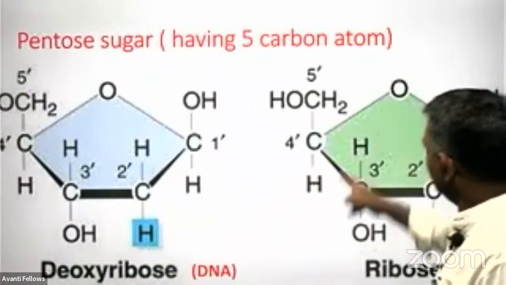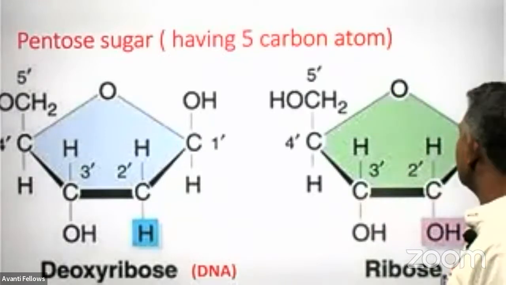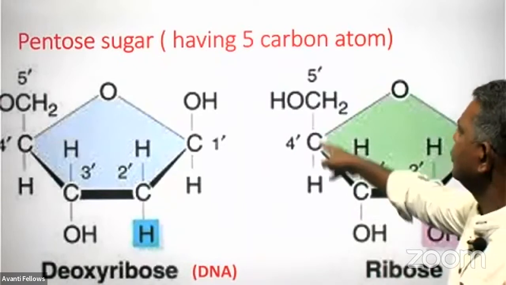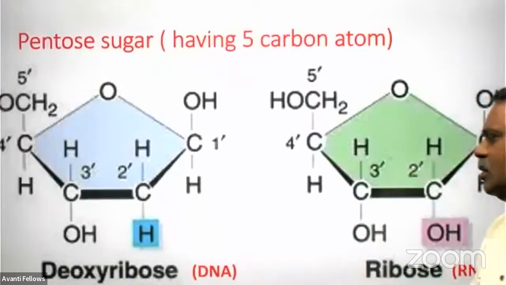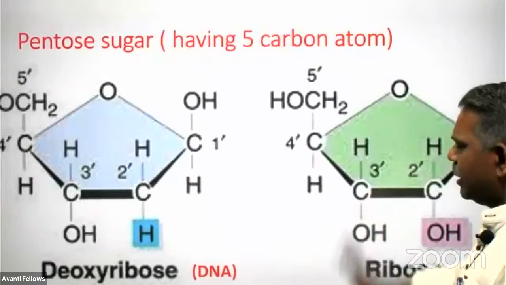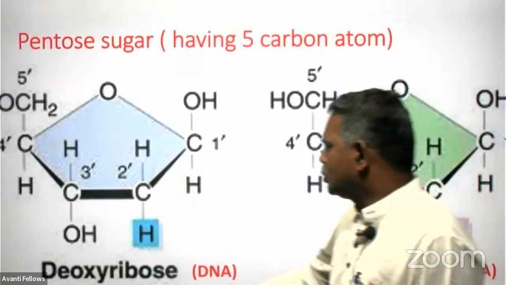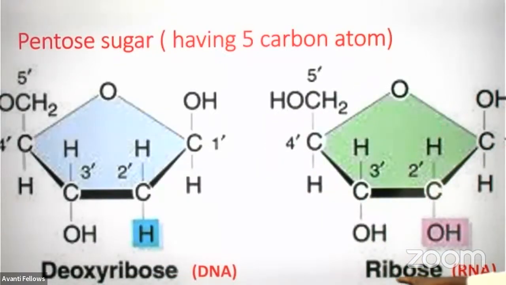But here, this is the pentose sugar present in the RNA. First carbon atom, second carbon atom, third, fourth, and this is the fifth carbon atom. It is a pentose sugar in both RNA and DNA. But in DNA, the pentose sugar is deoxyribose sugar, and in RNA, it is simple ribose sugar.